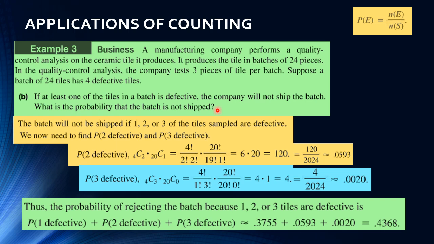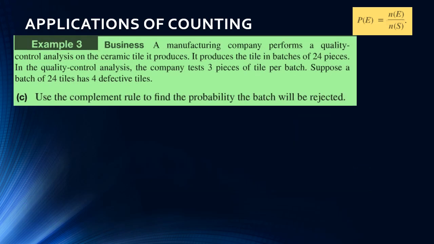Okay, and when we add them all together, we get 0.4368, approximately, because again, each individual probability was also an estimation.